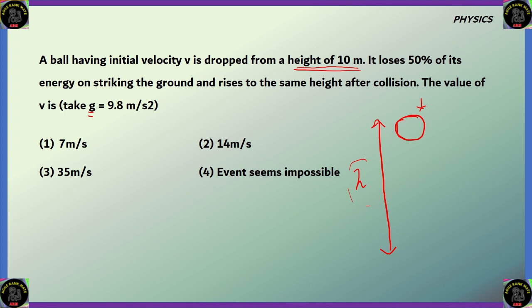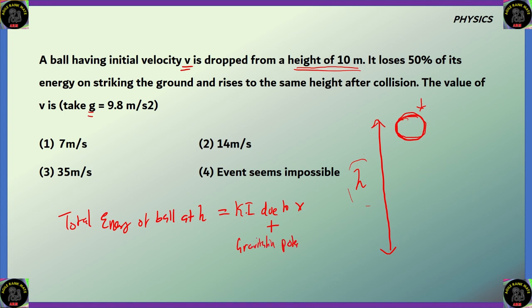Now, to find the total energy of the ball, we can say that total energy of ball at h, that is in this position right here, would be equal to the kinetic energy due to this velocity v plus the gravitational potential energy, which is caused due to a height h from the Earth.